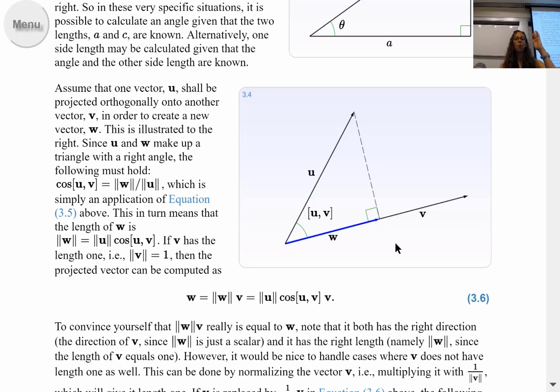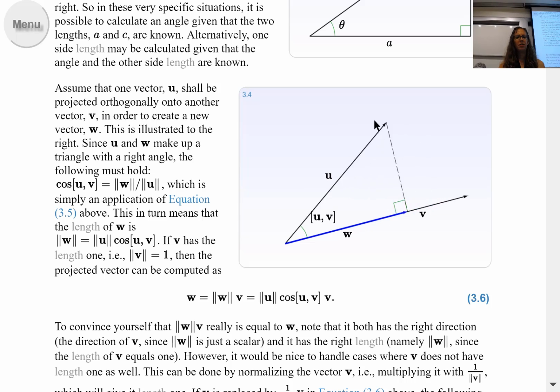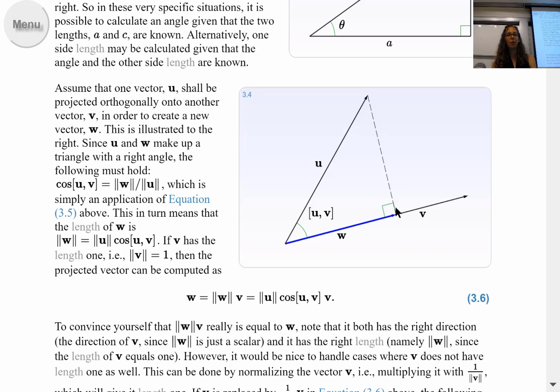So any part of u that can be represented by v is being taken out, that's w, and then you're left with this orthogonal part. And this dotted line would be u minus w. Are there questions about the idea that you're getting the part of u that lies along v, and then what's left over has to be perpendicular to v?